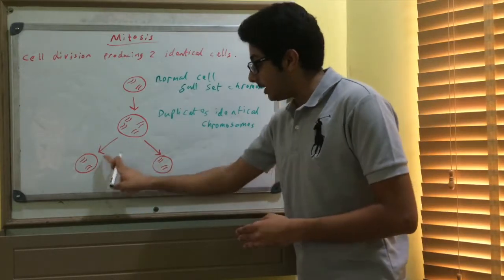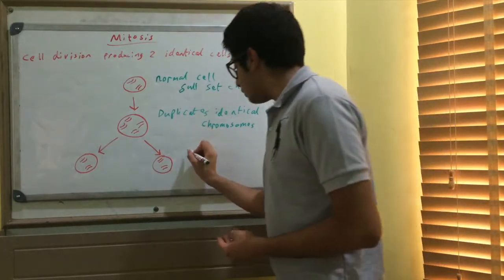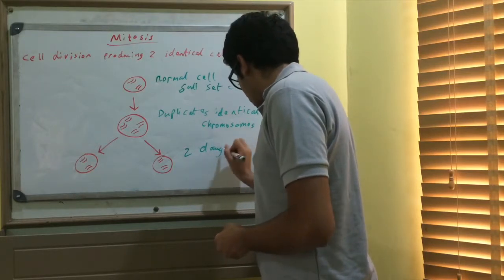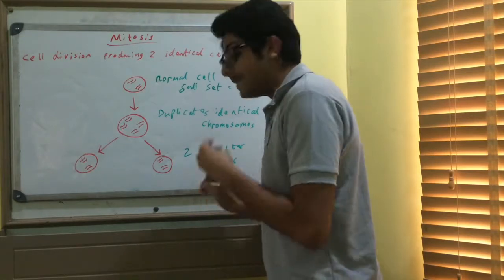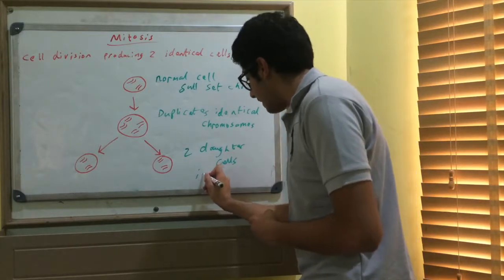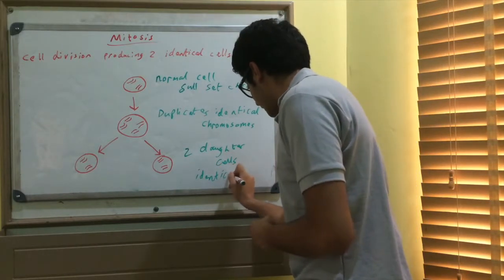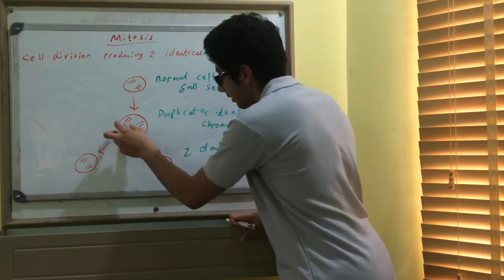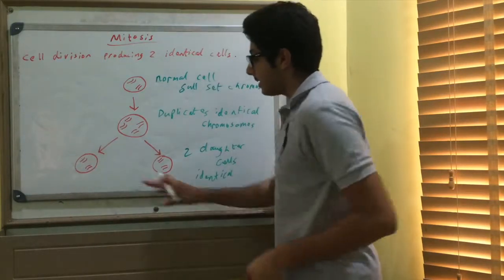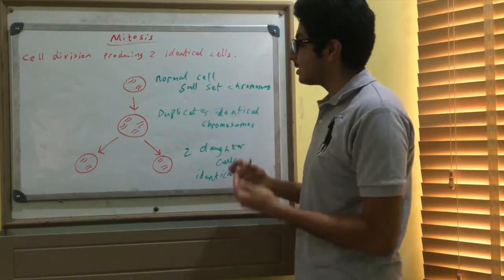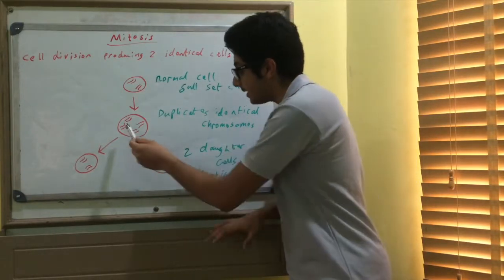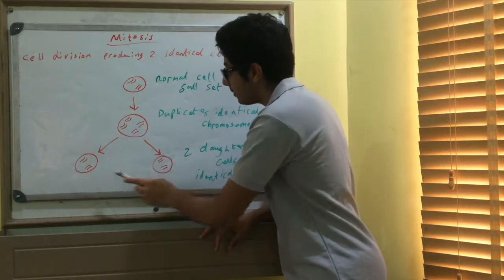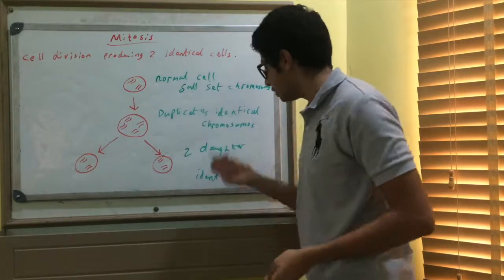Then it actually divides. It divides into two daughter cells with identical genetic information. So half of the set of genes here goes there, and then the other half goes there. And that's how they have identical chromosomes, because here they're identically duplicated, so when it divides, it has the same chromosomes as the first, as the original.